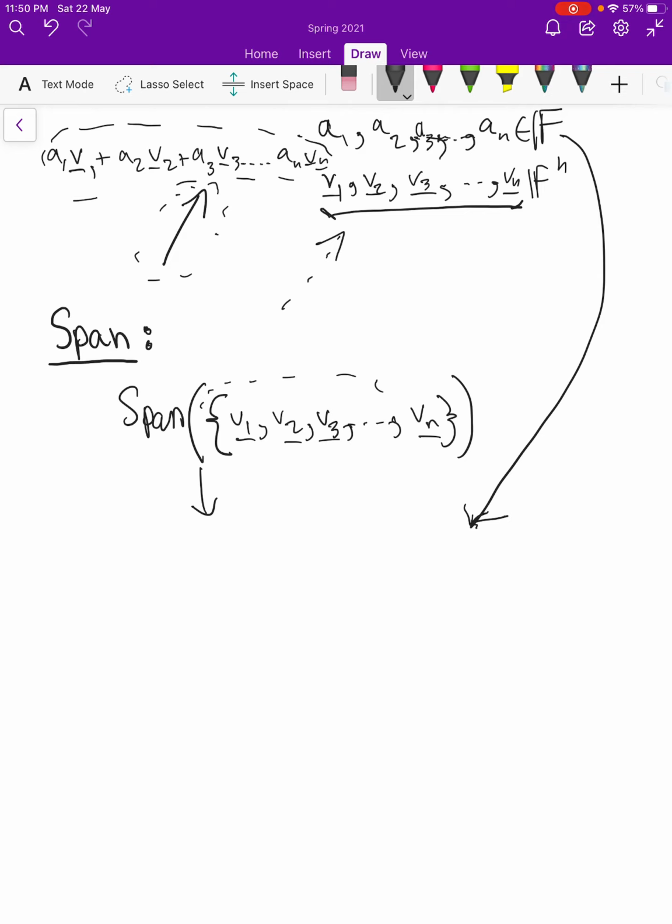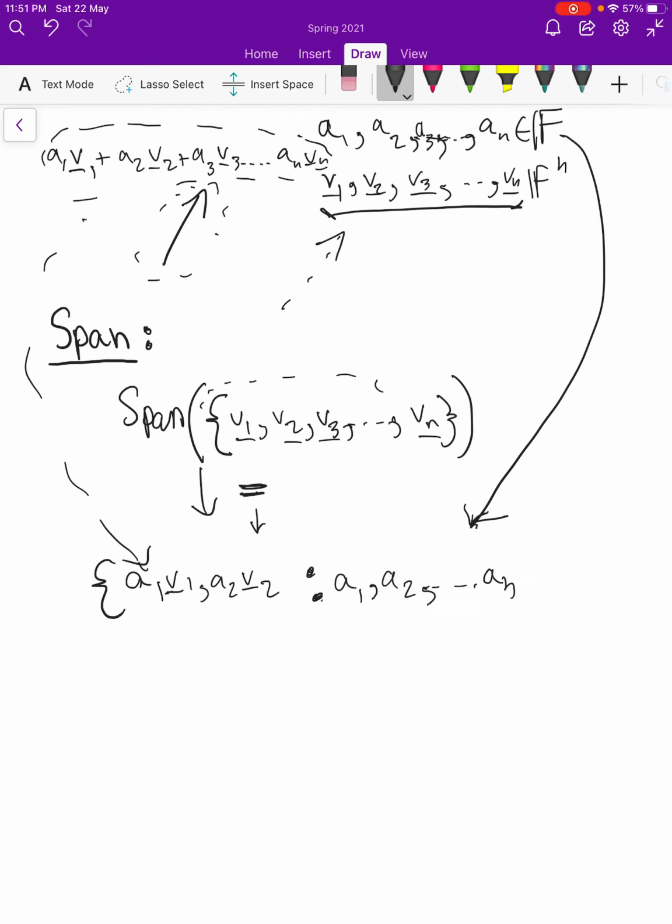So essentially we have a1v1, a2v2. It's similar to this, exactly the same actually, except we're going to do set notation, and this span is basically equal to this over here, which is set notation such that a1, a2 to an is in the scalar field.